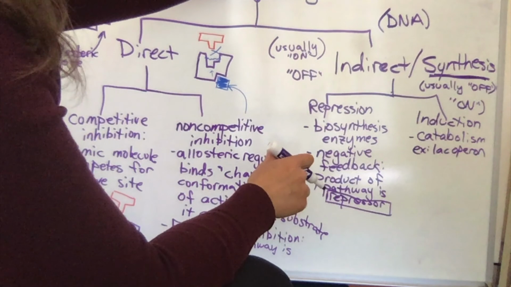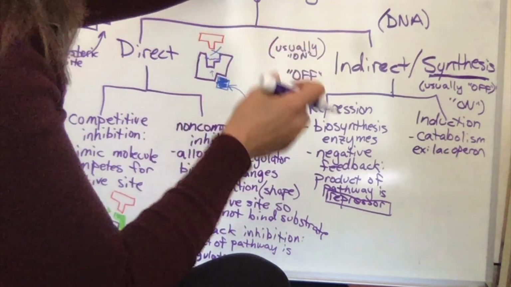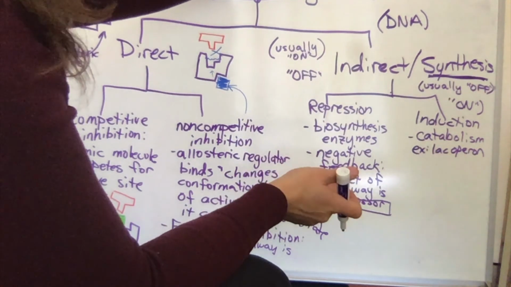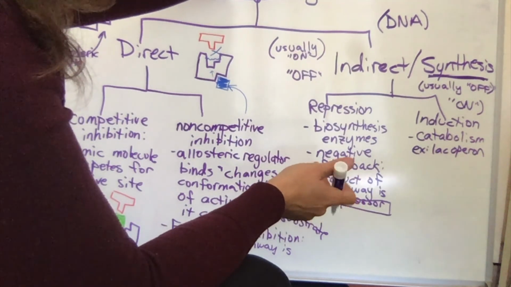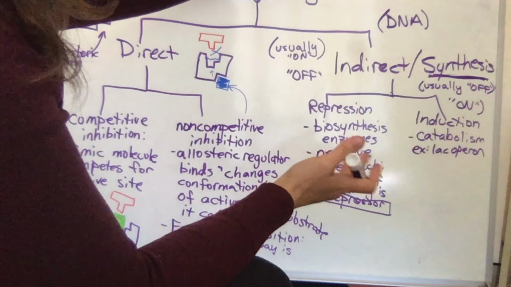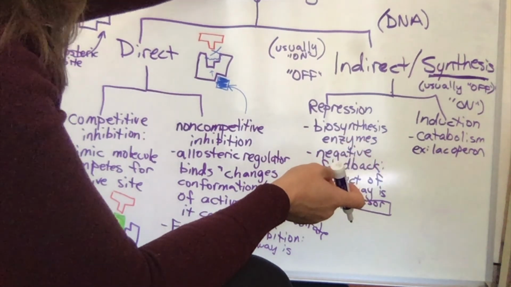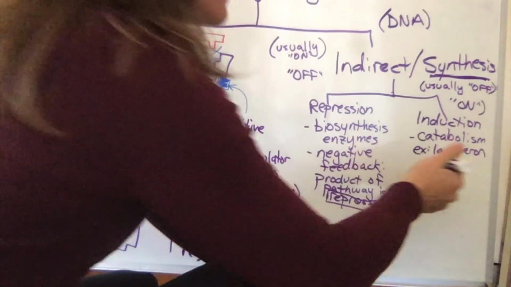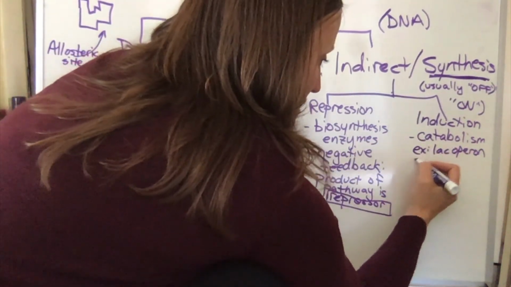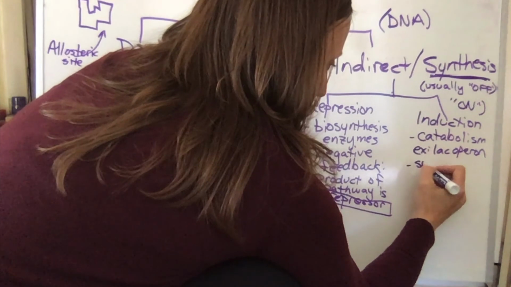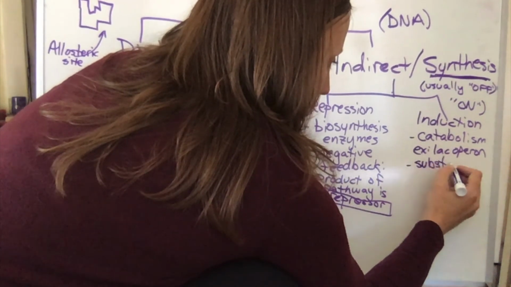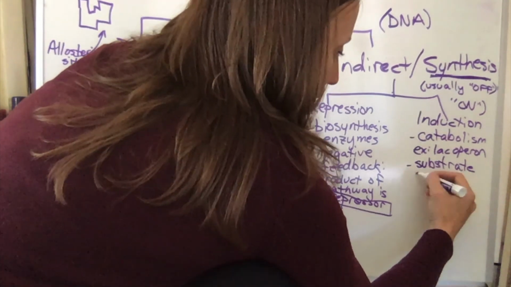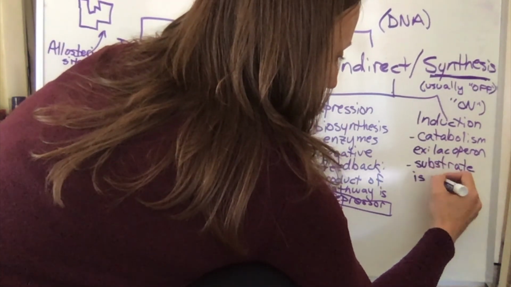So usually for catabolism, as mentioned, glucose metabolizing enzymes are always turned on, so those are constitutively expressed, and only when glucose is absent and the other substrate is present will the cell turn on these inducible operons, these catabolic operons. So in this case, the substrate for that metabolic pathway is the inducer.